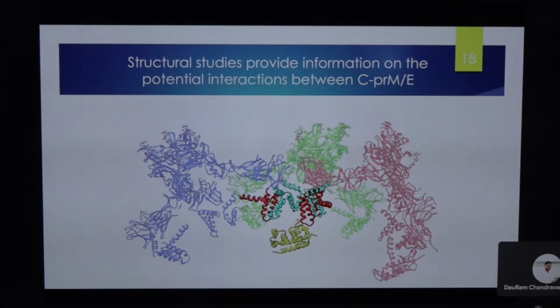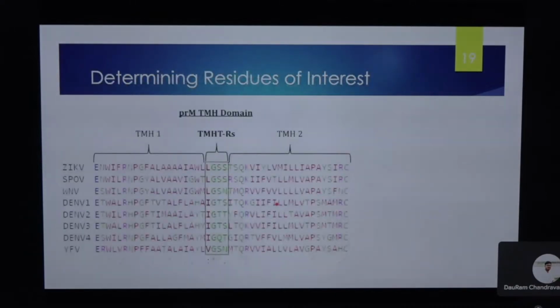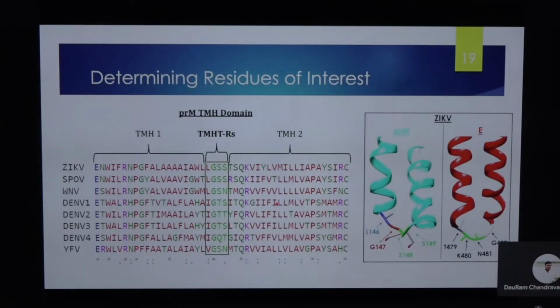And those three copies of both E and PrM were in very close proximity to the hypothetical capsid protein density. And so again, taking a look at what is around those regions, we can see that the PrM transmembrane helix here has four residues at the very bottom. And E protein also has four residues at the very bottom that should be in very close proximity to capsid protein.